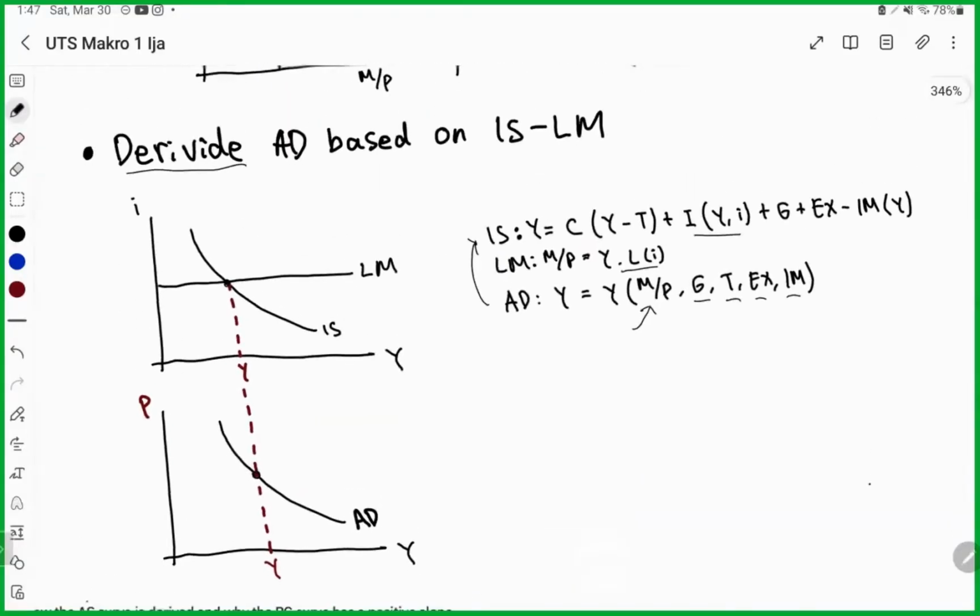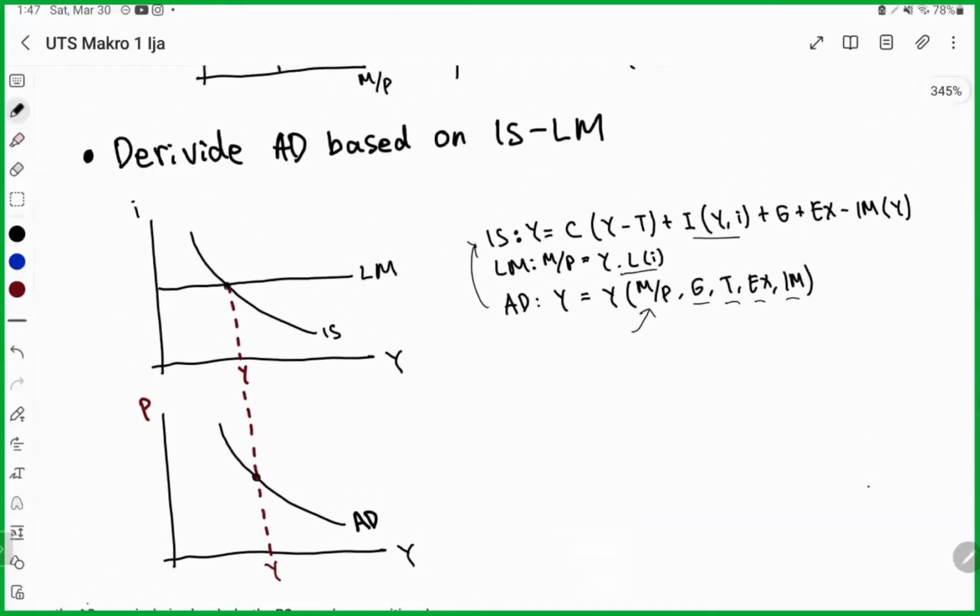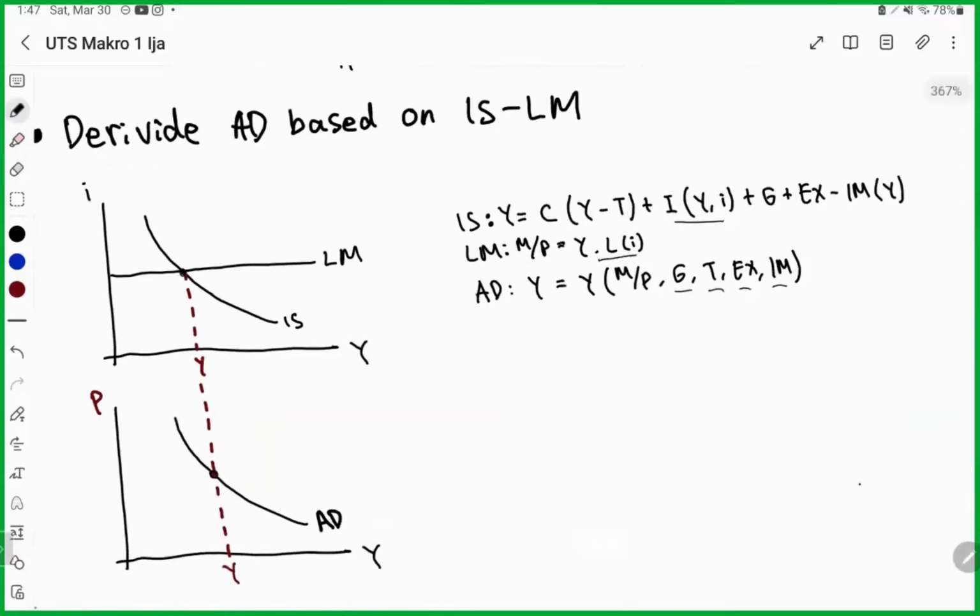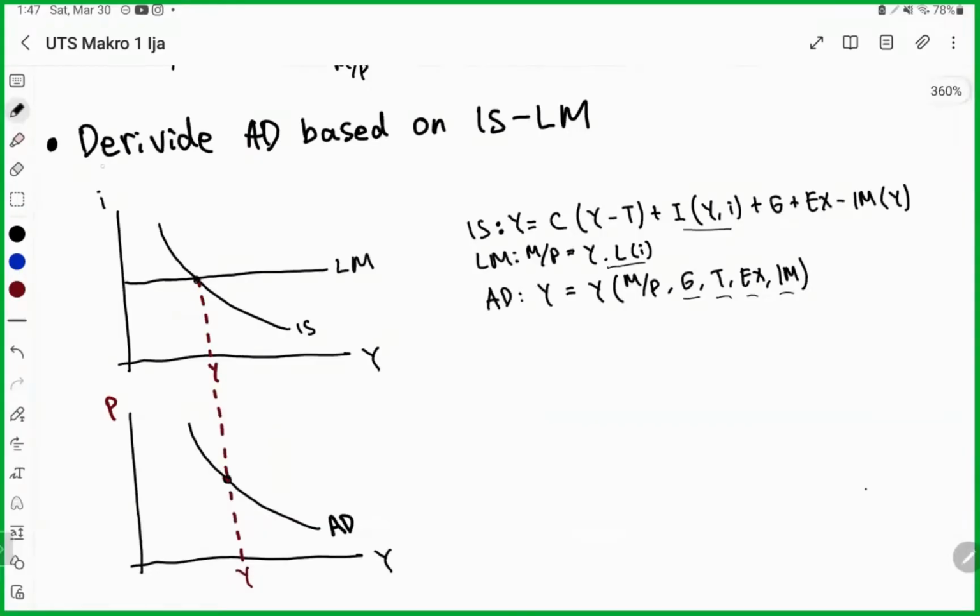Okay. Next, the last question from point A: derive AD based on IS-LM. When we're talking about deriving the curve, there are two ways. The first way is a graphical approach, and the second way is a mathematical approach.